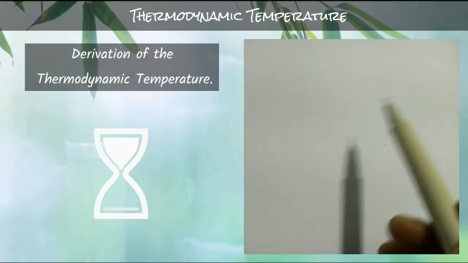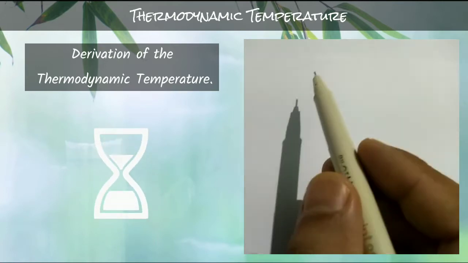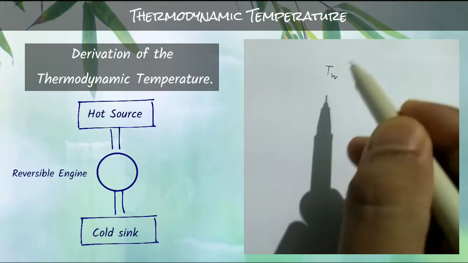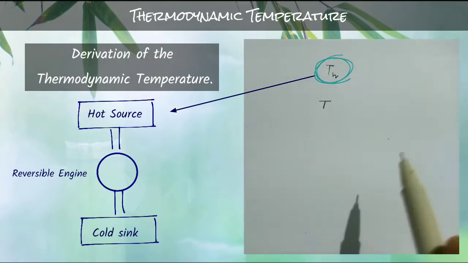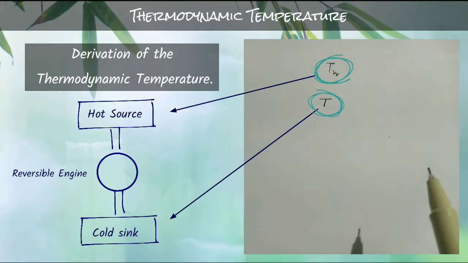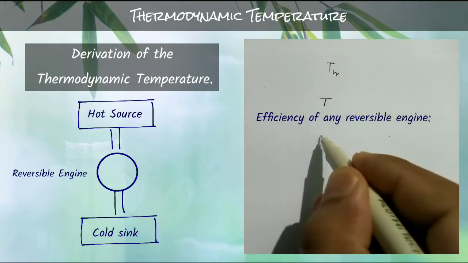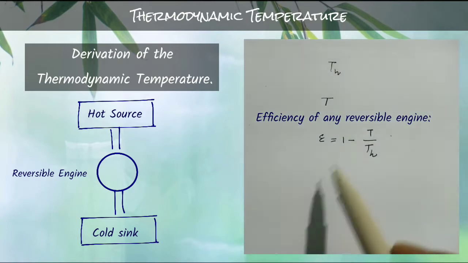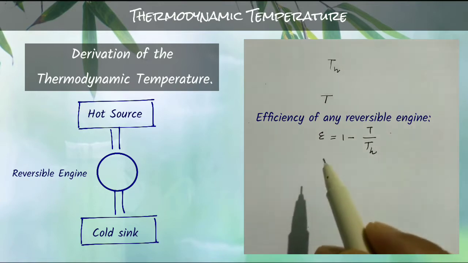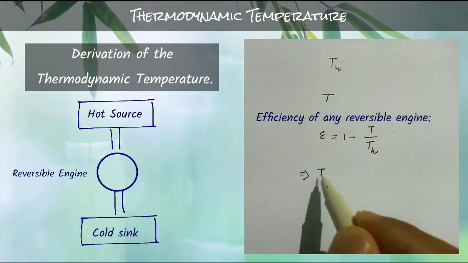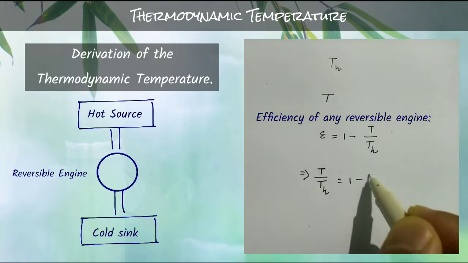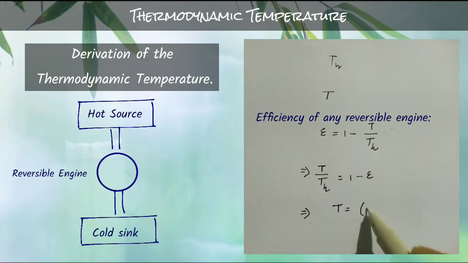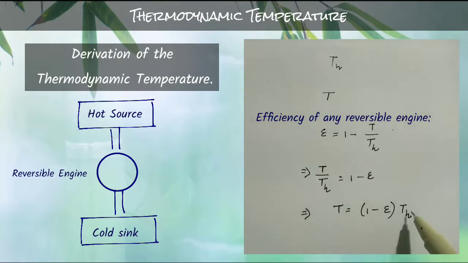Now coming to the derivation of the thermodynamic scale, let us suppose we have a reversible engine working between the hot source, which is TH, and the cold sink, which is T. Since we know that the efficiency of any engine is given by epsilon equals 1 minus T divided by TH, using some simple mathematics we can write T divided by TH equals 1 minus epsilon, or T equals (1 minus epsilon) times TH.